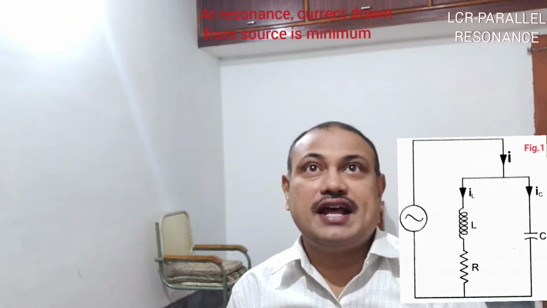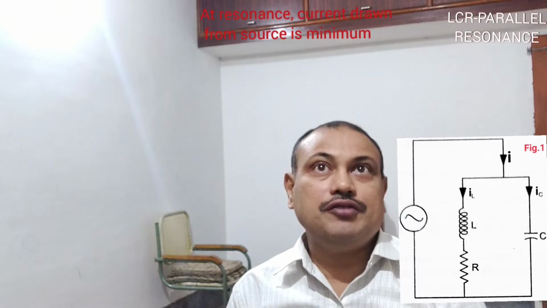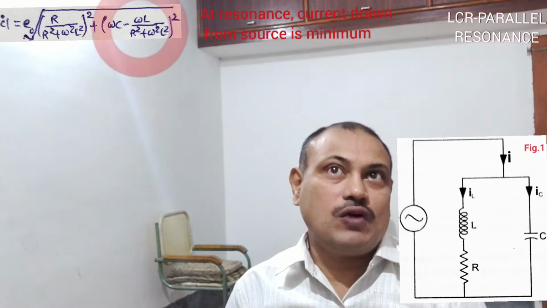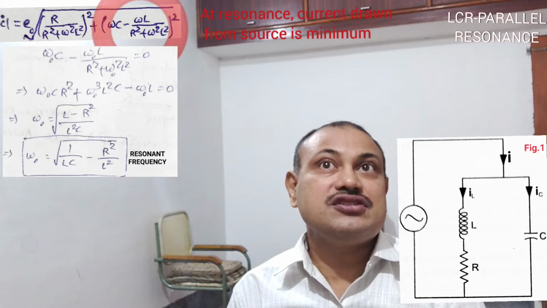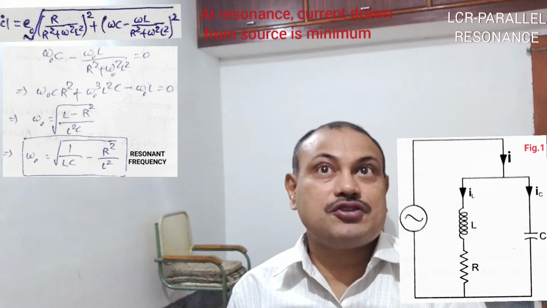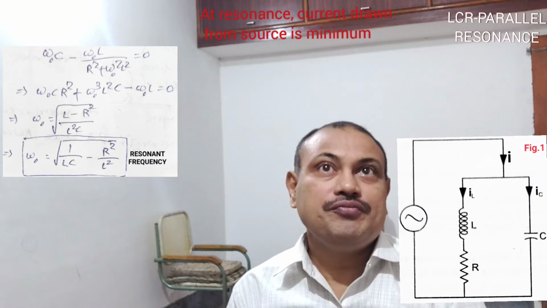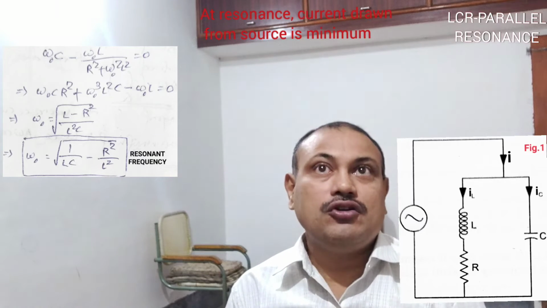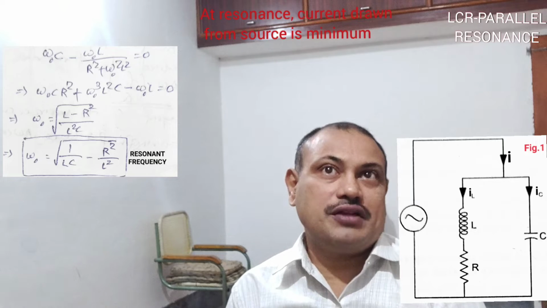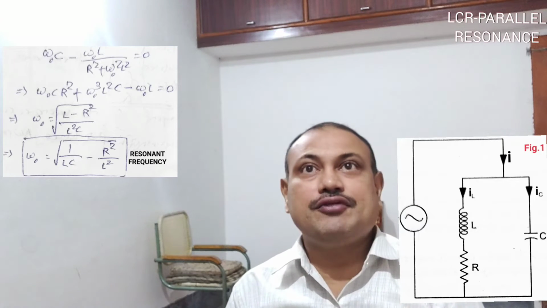What happens at resonance? From figure 1, the current drawn from the source is minimum, and hence the quadrature part needs to vanish. So omega 0 C minus omega 0 L by R squared plus omega 0 squared L squared must be equal to 0, which on simplification gives omega 0 equal to the square root of 1 upon LC minus R squared by L squared, which is called the resonant frequency.